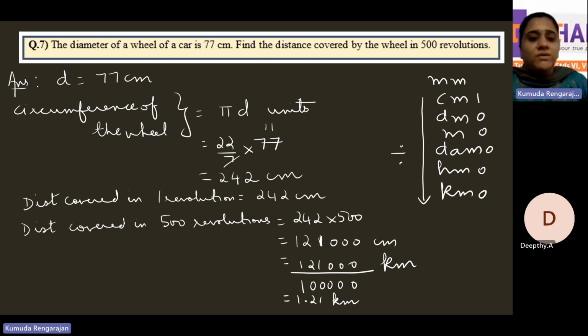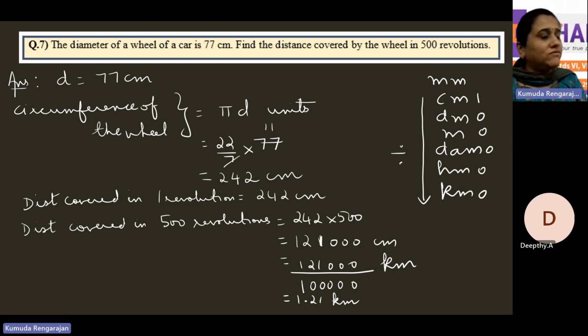So how do you do the sum? First, you must find the distance covered by the wheel in 1 revolution. How do you find that? That's nothing but the circumference of the wheel. And which formula to use, 2 pi r or pi d? Because diameter is given, we'll use pi d.